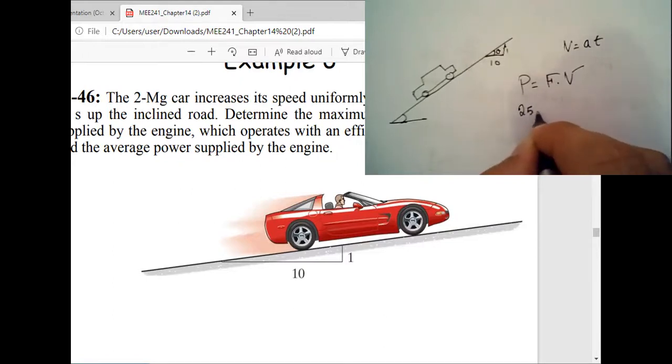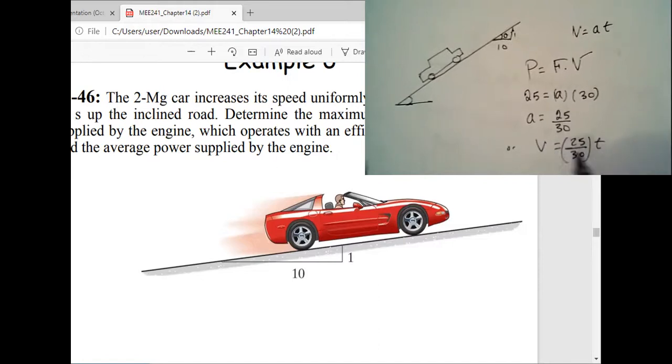So 25 is going to be equal to A times how much? Times 30, right? So we reach a velocity of 25 meters per second after 30 seconds. So we know V is equal to AT. So A is going to be equal to 25 over 30, or V is equal to 25 over 30 T.